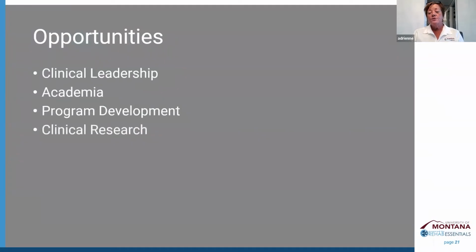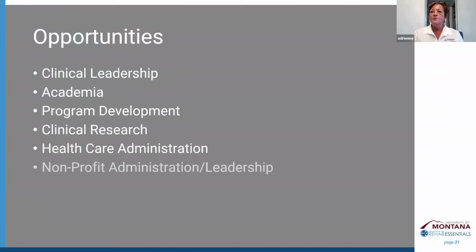So what are some of the opportunities we see that you'll be able to work your way into or find yourself in? Definitely clinical leadership roles, developing clinical practices, best practices, perhaps developing new clinical opportunities where you work, broadening what the clinic currently offers.